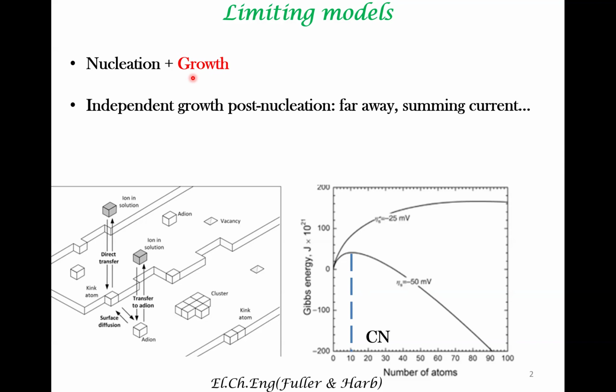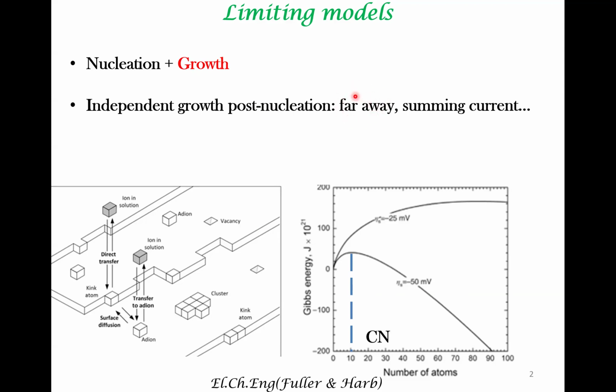In one model, we imagine that the growth occurs independently in different nuclei. One may imagine that the different nuclei are separated from each other. That is, they are not interacting directly. So each nucleus can grow independently of the other nuclei.